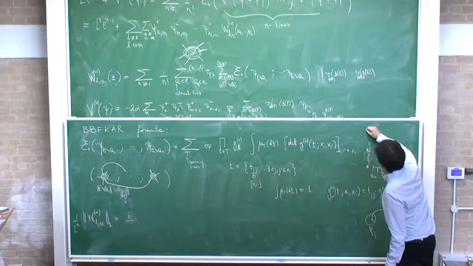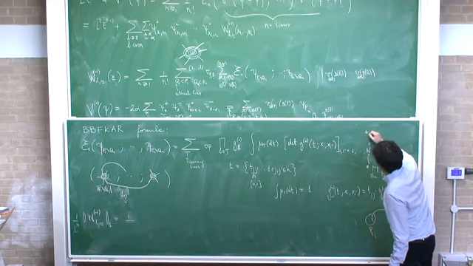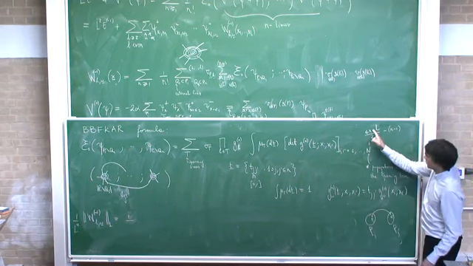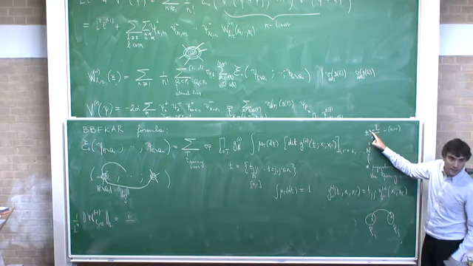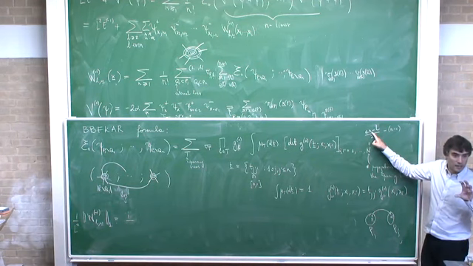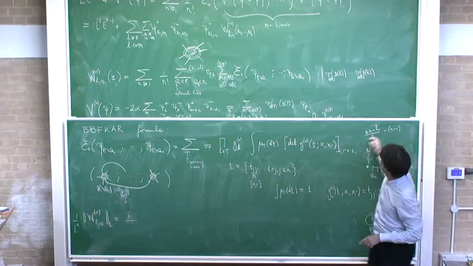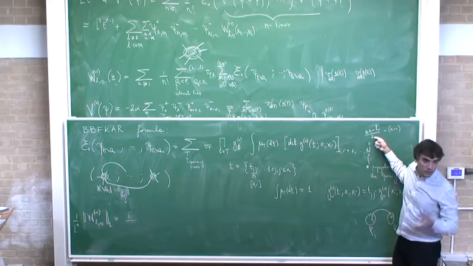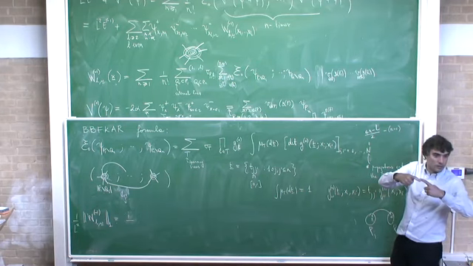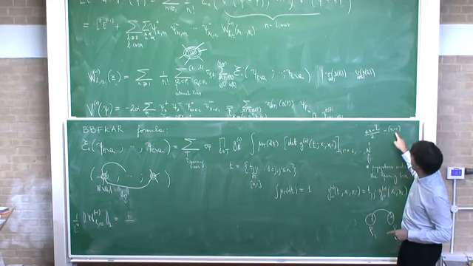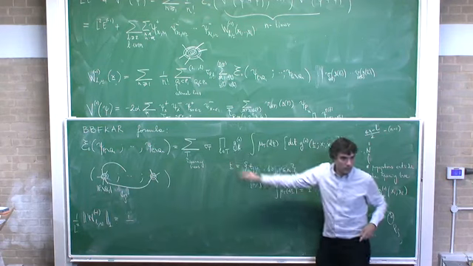It's (4n minus L) divided by 2 minus (n minus 1). So n is the total number of original lines. You have to take out the external ones, divide by 2 because each propagator comes with contraction of 2 of such legs, and you have to take out the guys that you already got here.